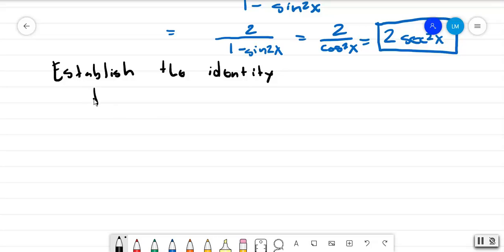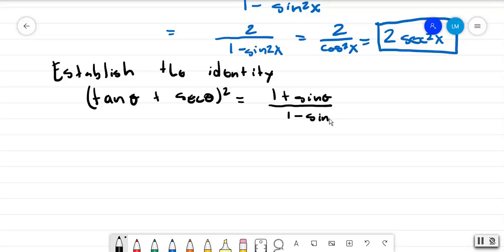So for example, if I have tangent theta plus secant of theta to the second power, and this is equal to 1 plus sine theta divided by 1 minus sine theta, there's actually many different ways that we can show this. Either we can show that the left-hand side is going to be the right-hand side. Okay, so that's one way that we can do that. Or vice versa, we can show that the right-hand side is the left-hand side.